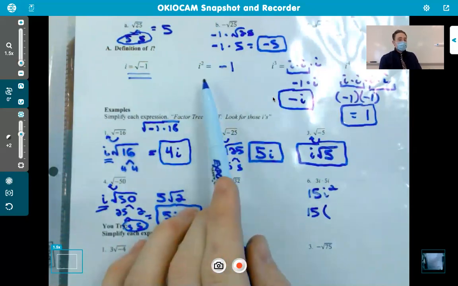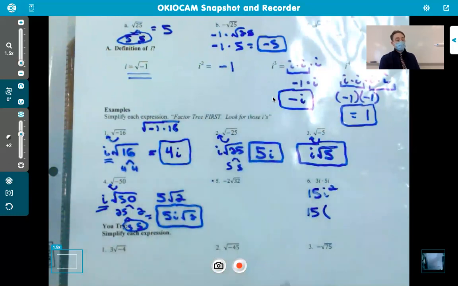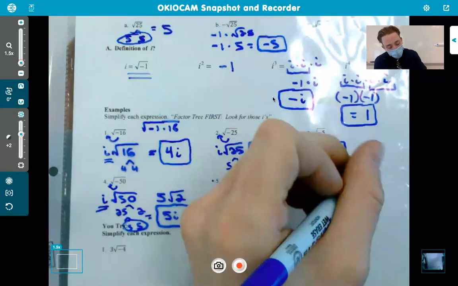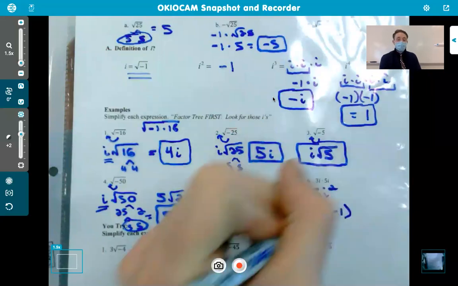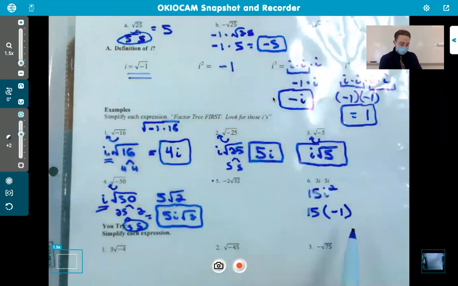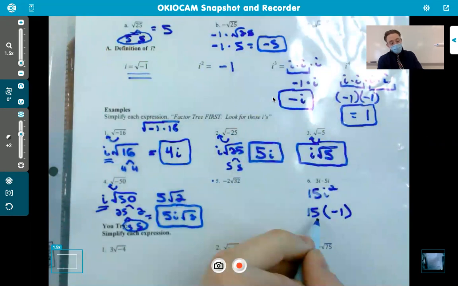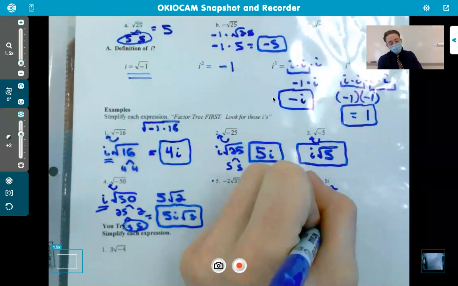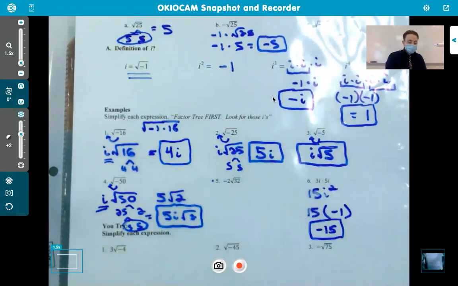But i squared equals what, according to what we wrote above? Negative 1. Good. So anytime that we see an i squared, we can think of this as substituting in a negative 1. I'll do 15 times negative 1. That just gives me negative 15. And that's how I would simplify.